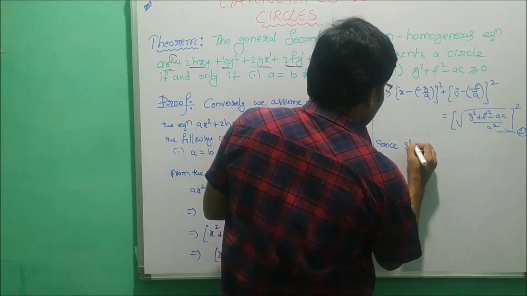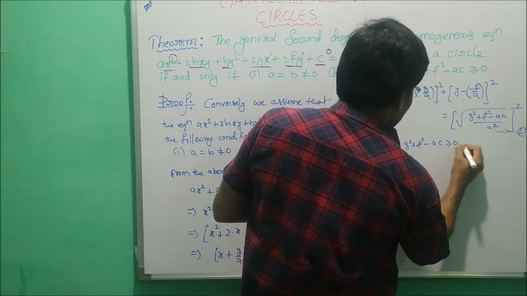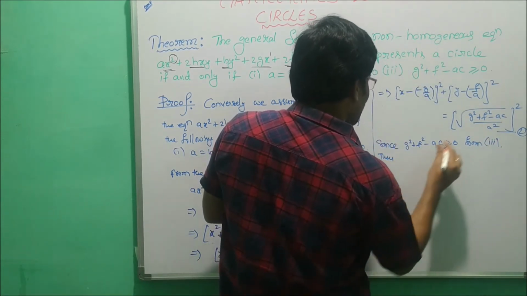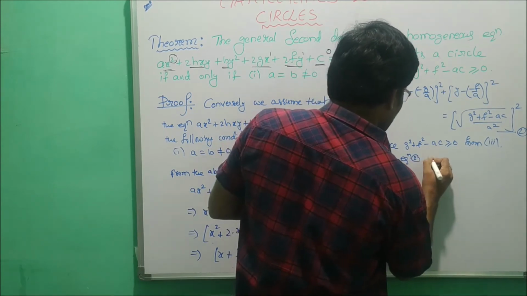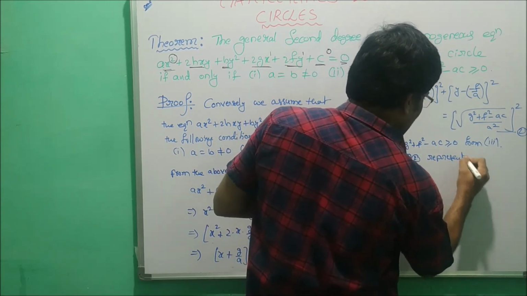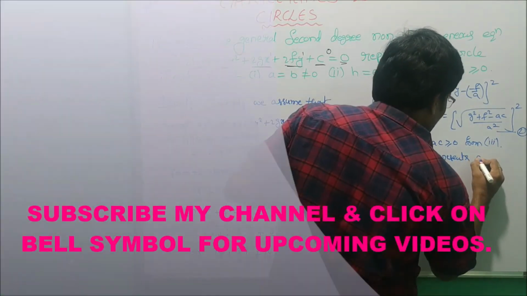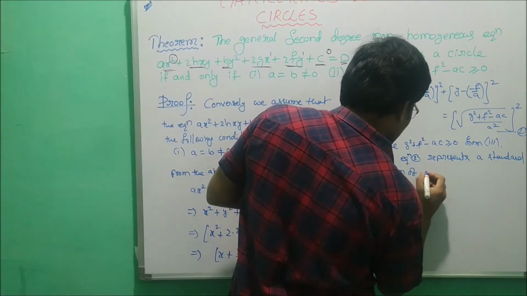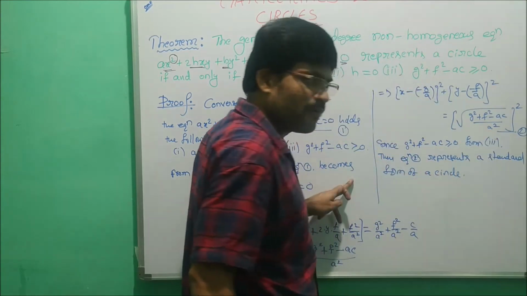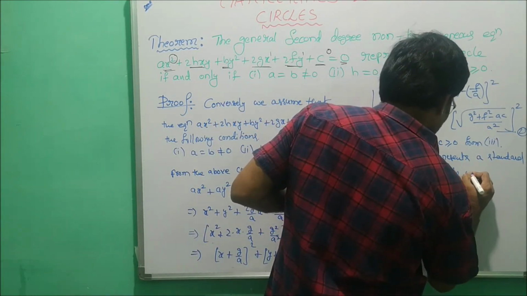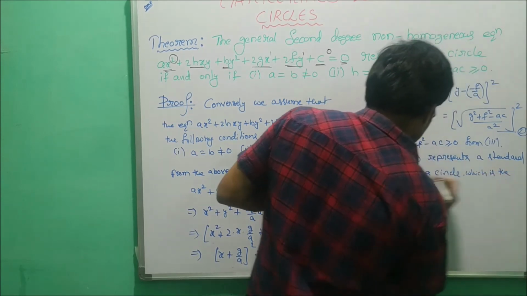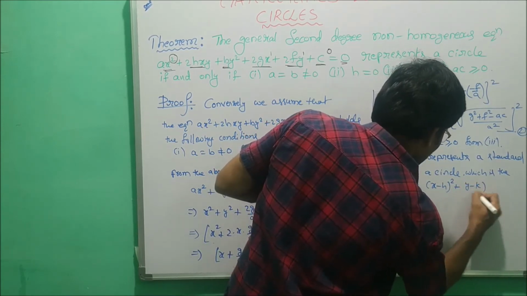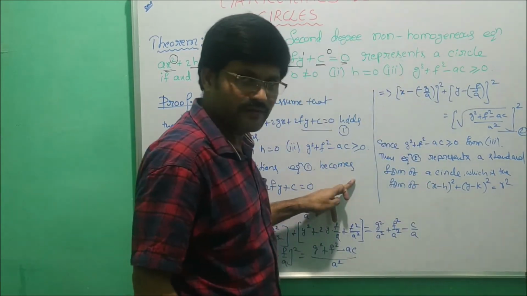Since g² + f² − ac is greater than or equal to 0 from the third condition, equation 2 represents a standard form of a circle, which is the form (x − h)² + (y − k)² = r².